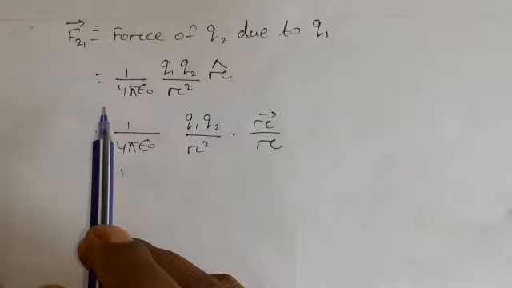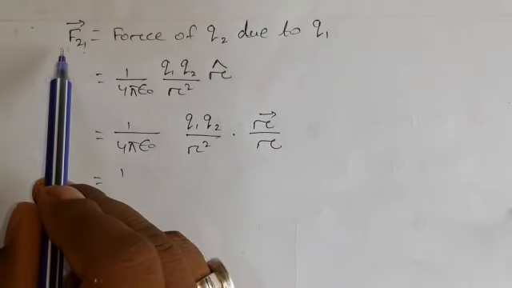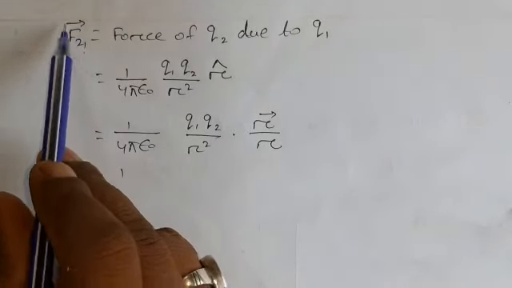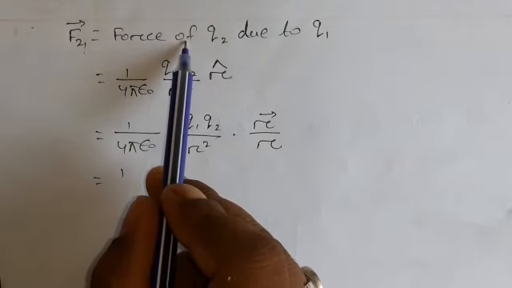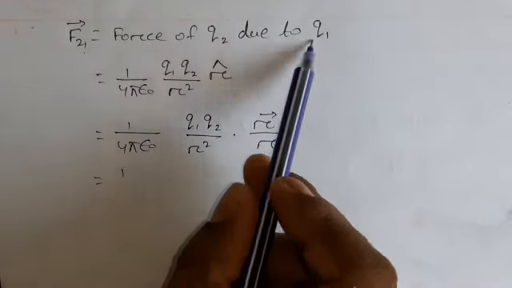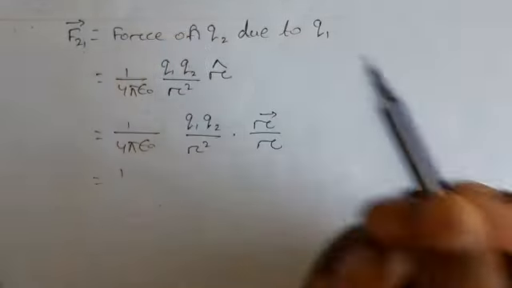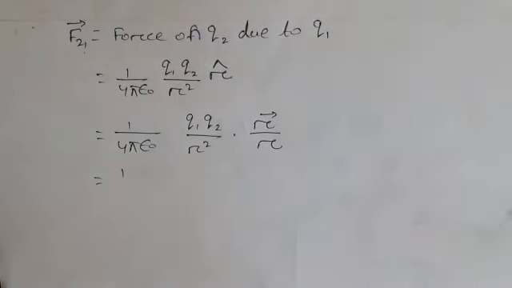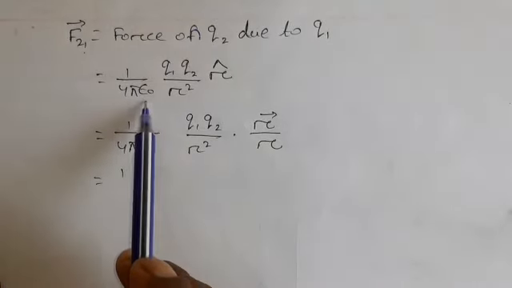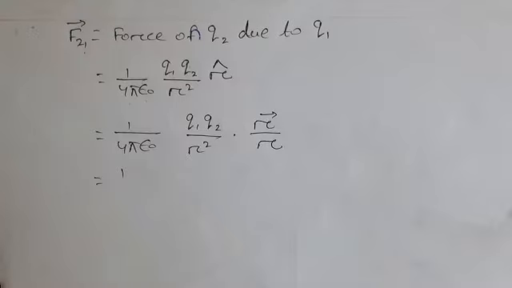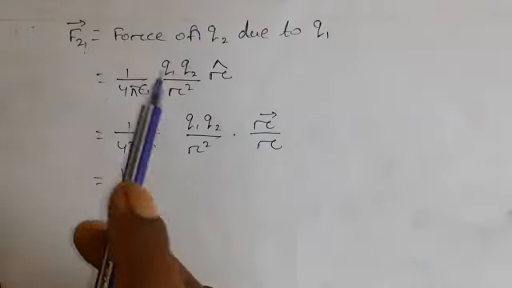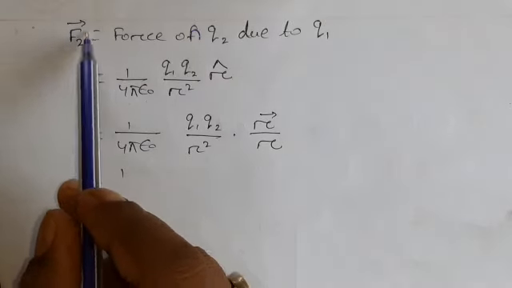Now F21 means the force on charge Q2 due to Q1. The scalar form of Coulomb's law is 1 by 4 pi epsilon naught Q1 Q2 by R square, but here we are deriving the vector form. So see, I will take the direction of F21.